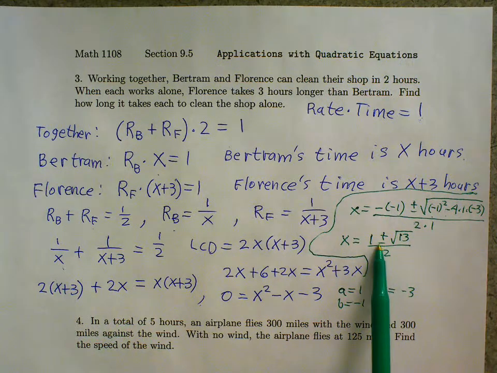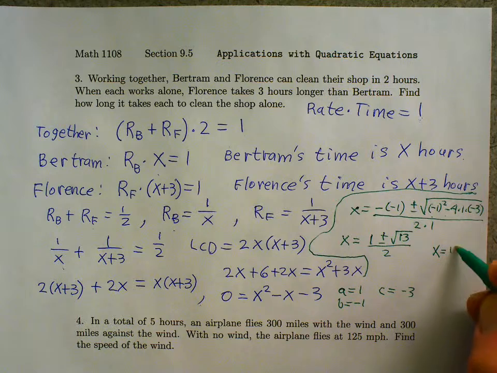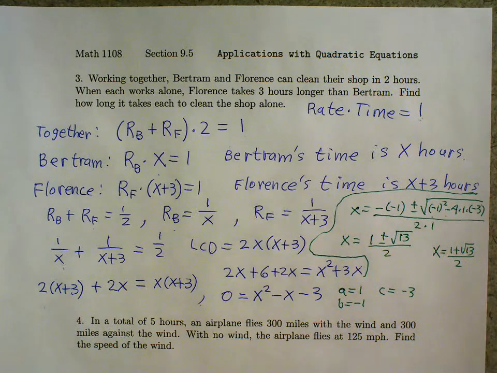The solution we get from subtracting is negative, so we want the positive solution. So x equals 1 plus the square root of 13 over 2. So that's how many hours it takes Bertram by himself.